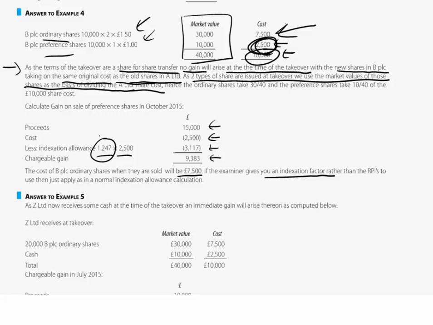Now, as I say, in reality, what you would have to do at the time of takeover is, based on the date you acquired your A Limited shares, based on the date of the takeover, you would be able to take the share cost of £10,000 and calculate for it an index cost figure.